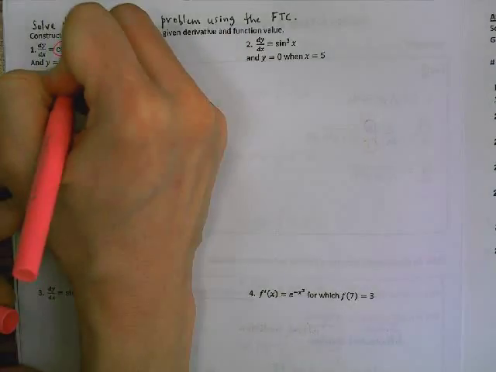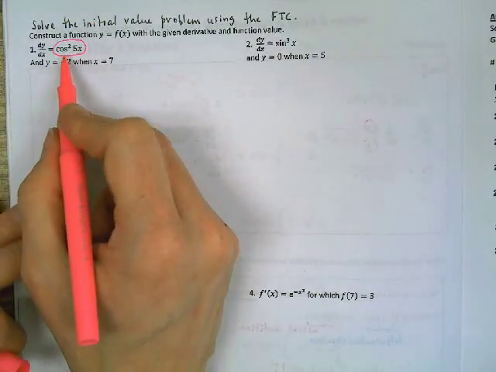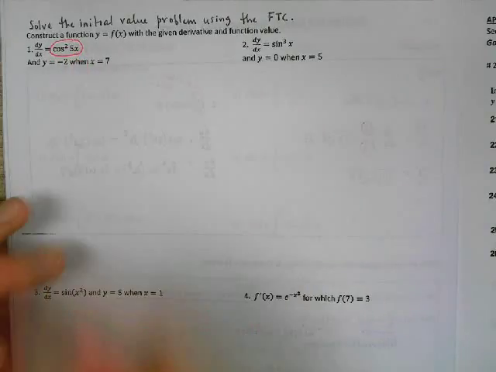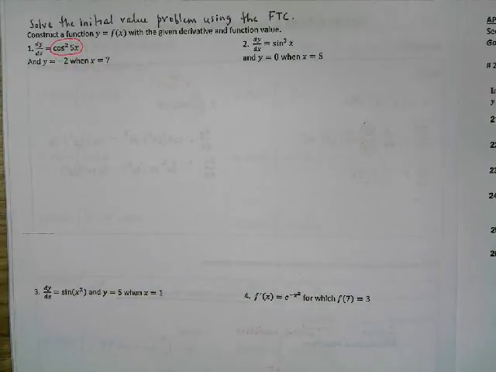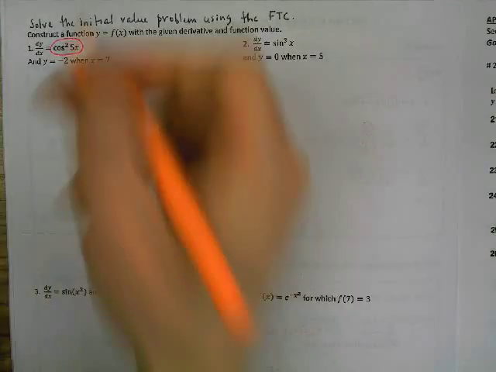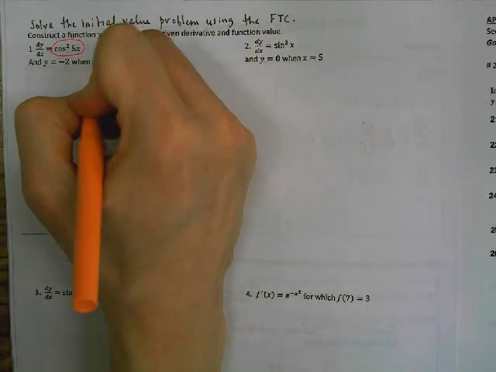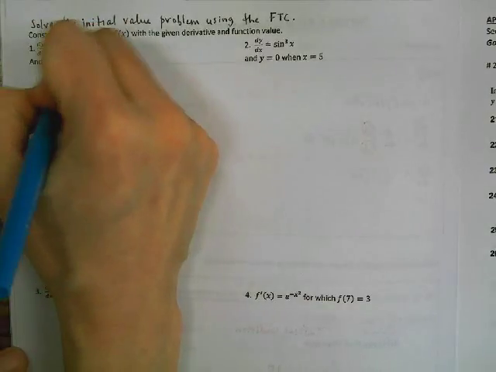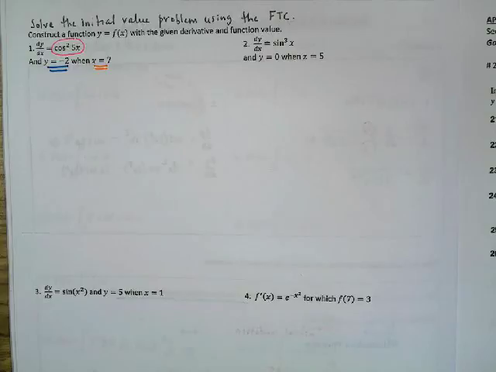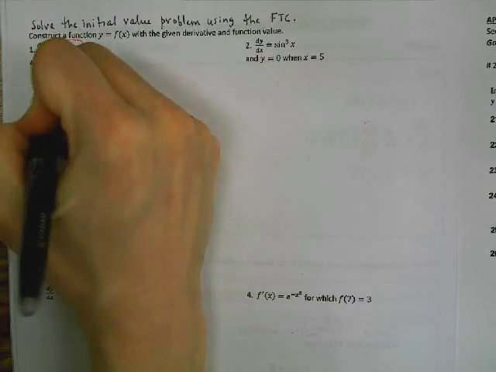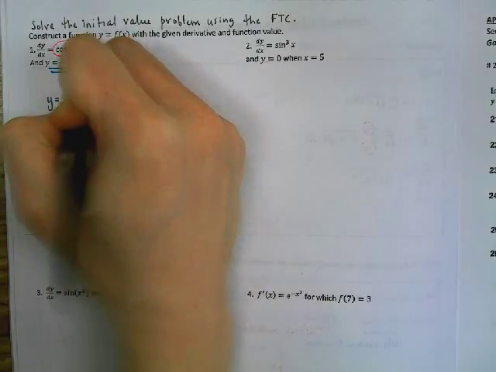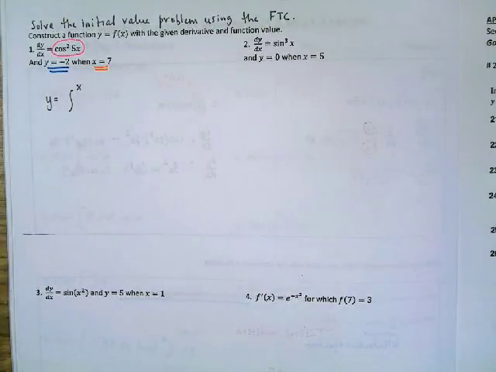So for number 1, my derivative is this. Here's my function. And obviously, I don't have at top of mind what the antiderivative of this function is. I just don't know it. So I have a function, and then I have my x value, my initial condition, and I have a y value of the initial condition. So here's what our function is going to look like. It's going to be y equals, we're always going to have an integral, and the upper limit is going to be x.